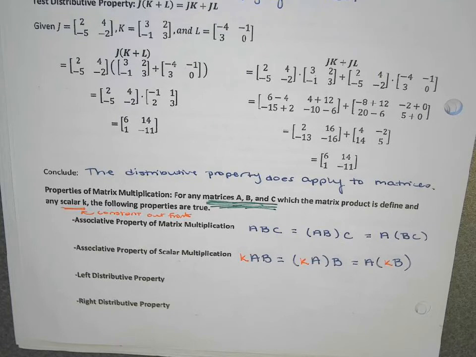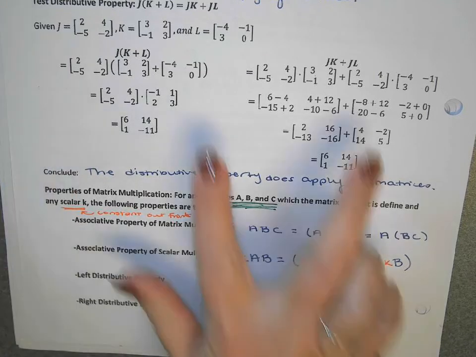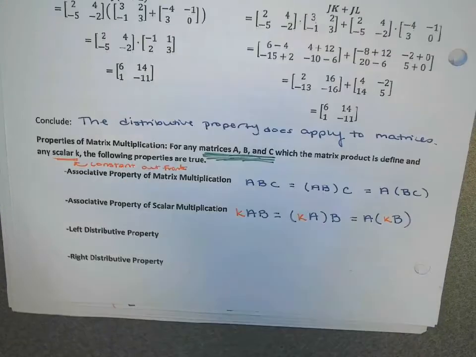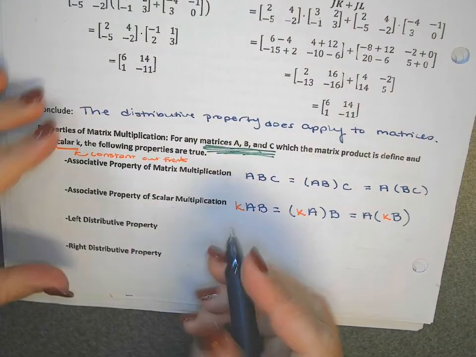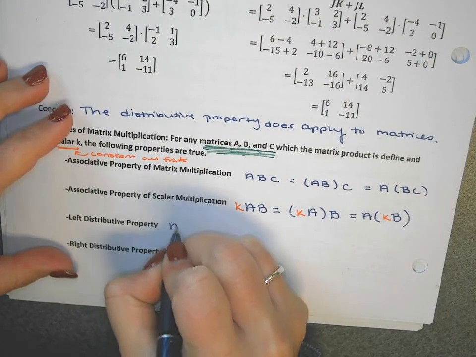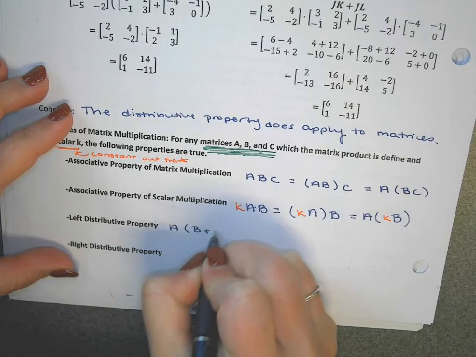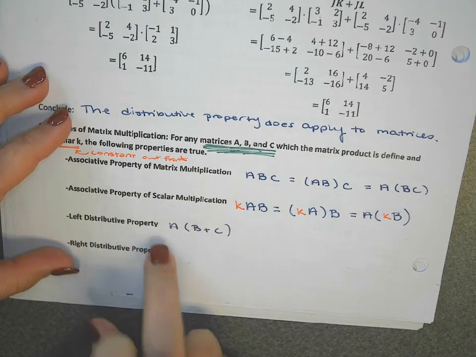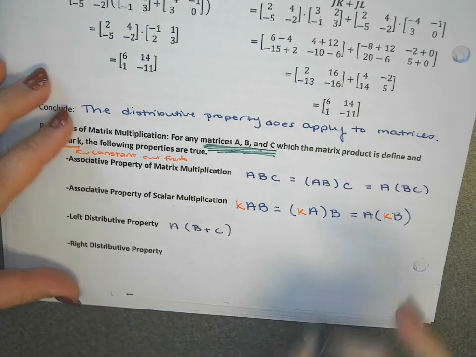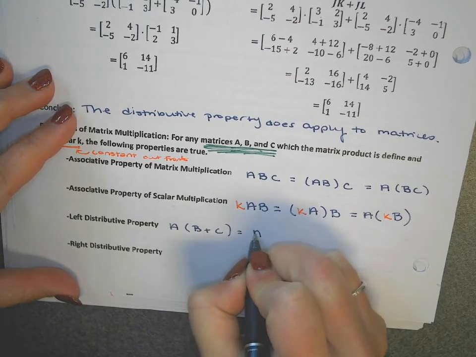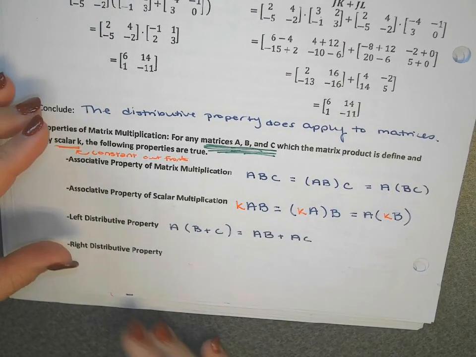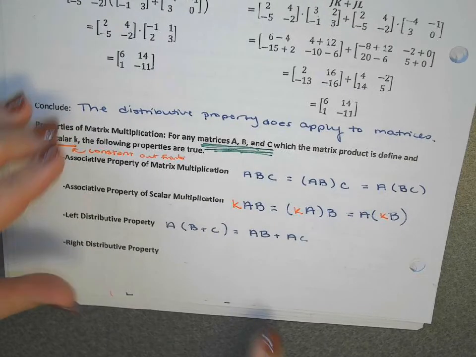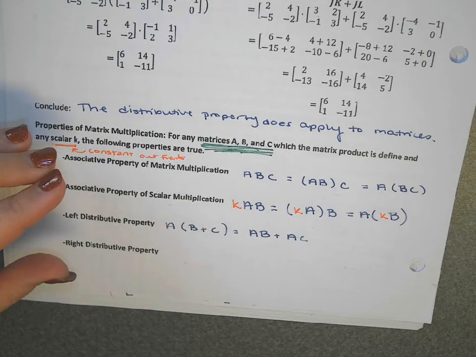Okay. And then the distributive property is what we showed up here. But the idea is that if you have a matrix A on the left side, when you distribute it, A has to remain on the left side. It cannot move to the right side because then you'd be changing the order of the multiplication.